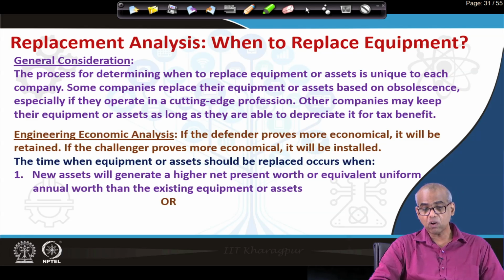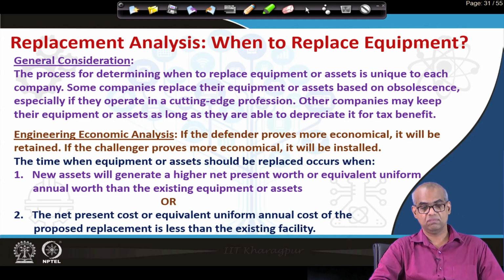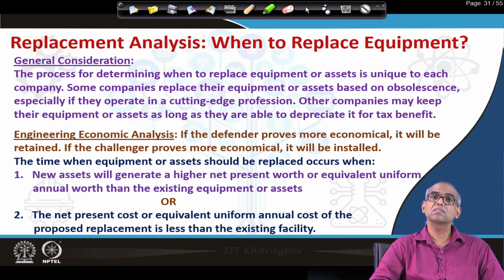The time when equipment or assets should be replaced occurs when new assets will generate a higher net present worth or equivalent uniform annual worth than the existing equipment or assets, or the net present cost or equivalent uniform annual cost of the proposed replacement is less than the existing facility. See, these two sentences essentially mean that if the Defender is more economical, it will be retained, or if the Challenger is more economical, it will be installed.